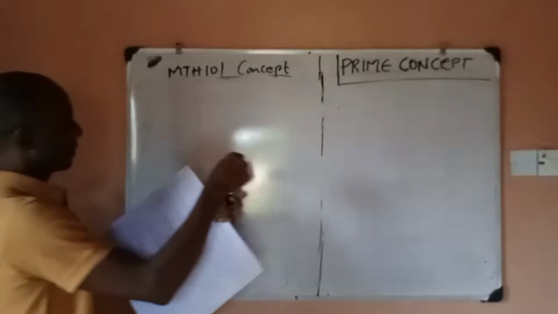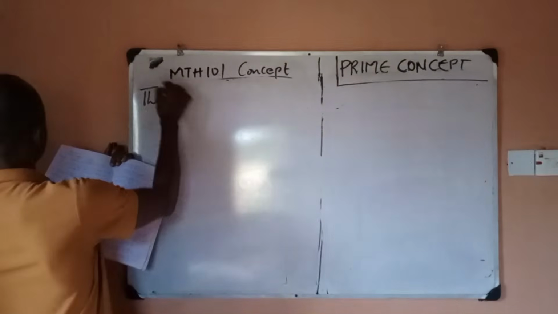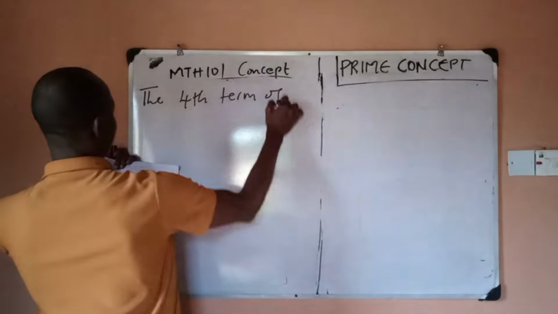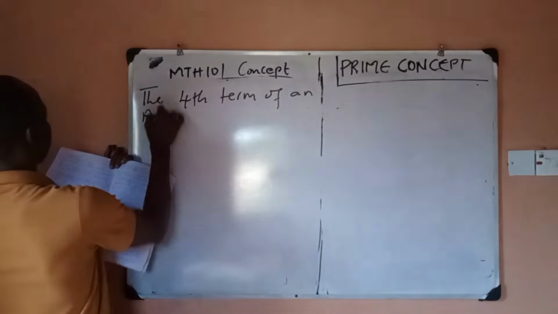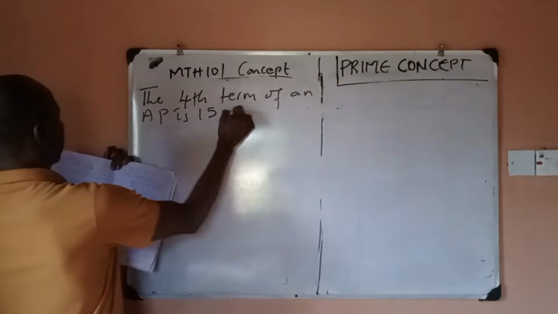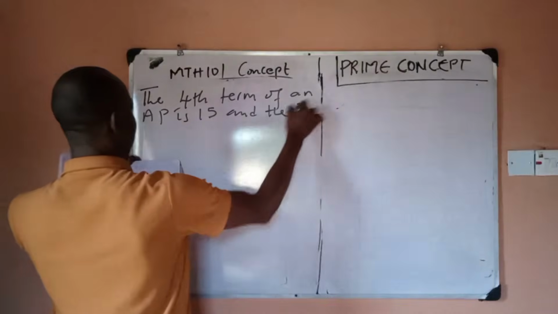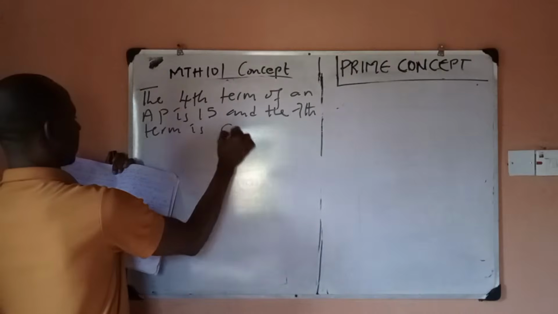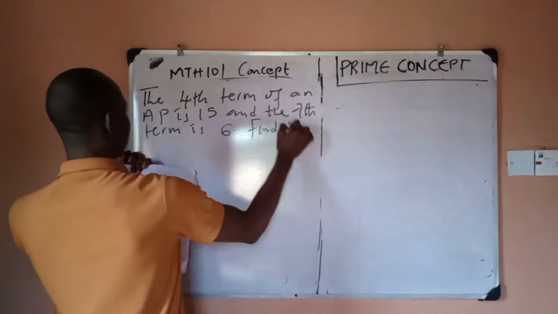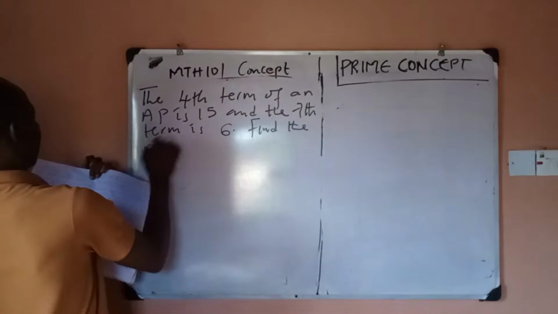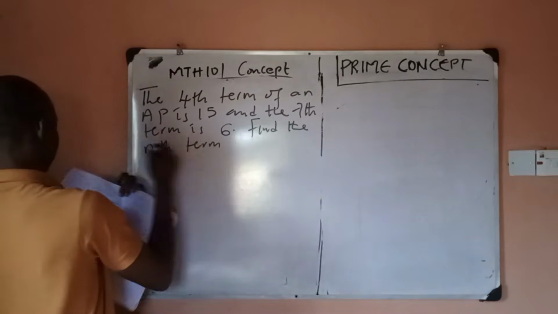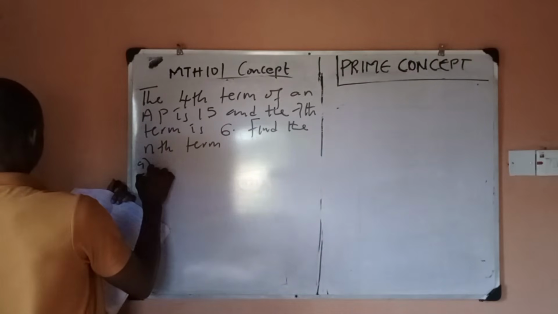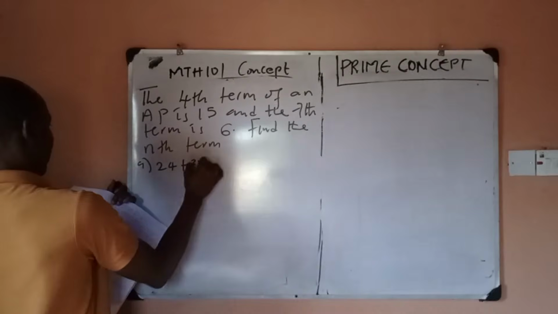So they said the fourth term of an AP is 15 and the seventh term is 6. Find the nth term. So option A, 24 plus 3n.